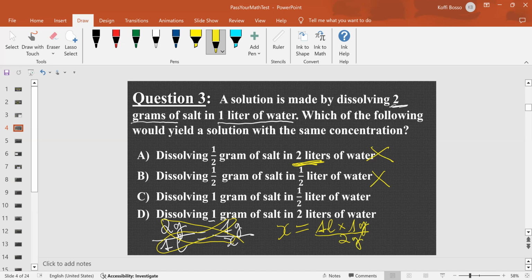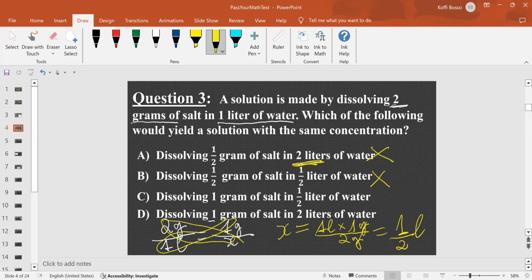The grams will cancel out. So 1 liter multiplied by 1 is 1. So the bottom will be 2. That means what? 1/2 liter.